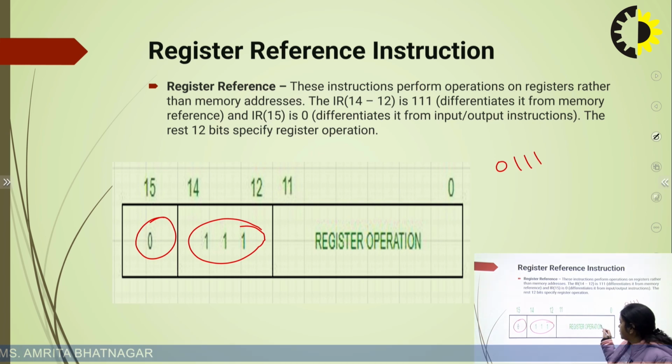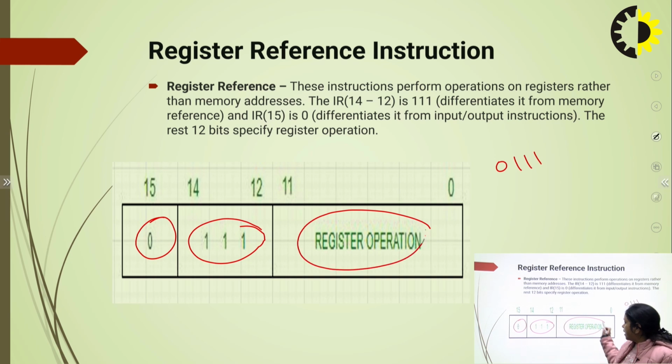What it means is that in the address part we have a register operation, so the operand is stored in a particular register, not in memory. If the operand is stored in a register, it is known as a register reference instruction, and the combination for the register reference instruction is 0111.